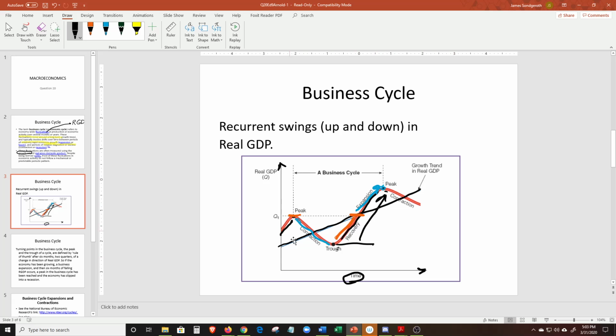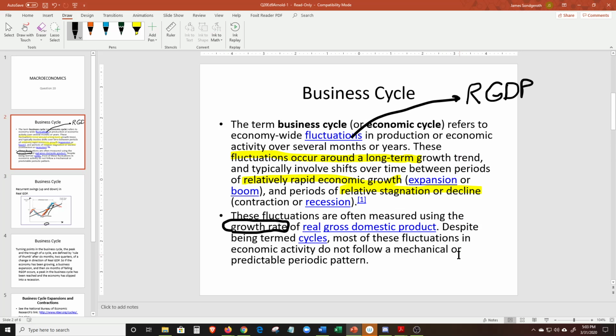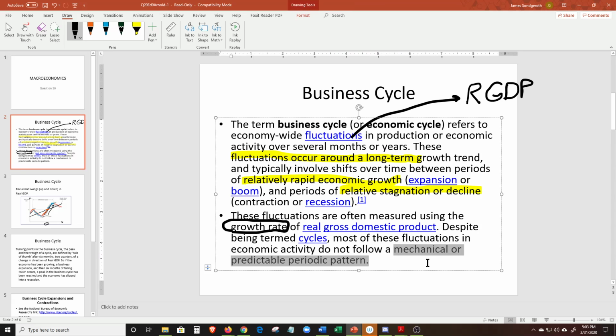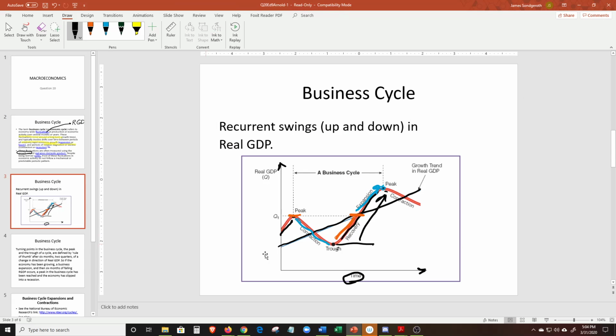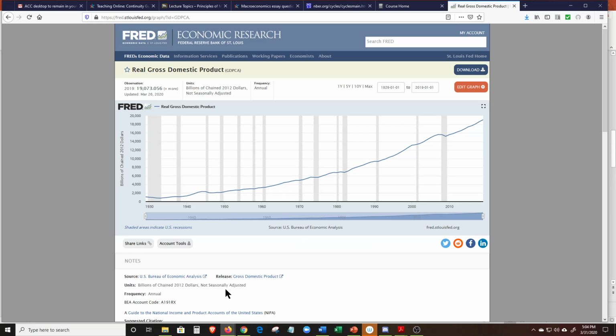So anyway, it probably helps to think of it in this way, as the first slide said, the mechanical or predictable periodic pattern. But as we saw in the actual data, you can see that the length of the recessions in the gray bars and the length of the expansions in the white bars fluctuate quite a bit.